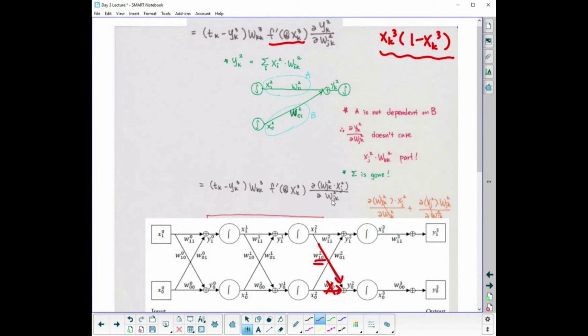So you can rewrite it without summation: weight, input, output, layers matching. Only the matching part we care about. Everything else, the partial is 0. So you can rewrite it as the partial of weight j2k layer 2 times xj layer 2. That means if the weight is 1 to 0, only x1 is cared about. Only part A or part B is cared about.